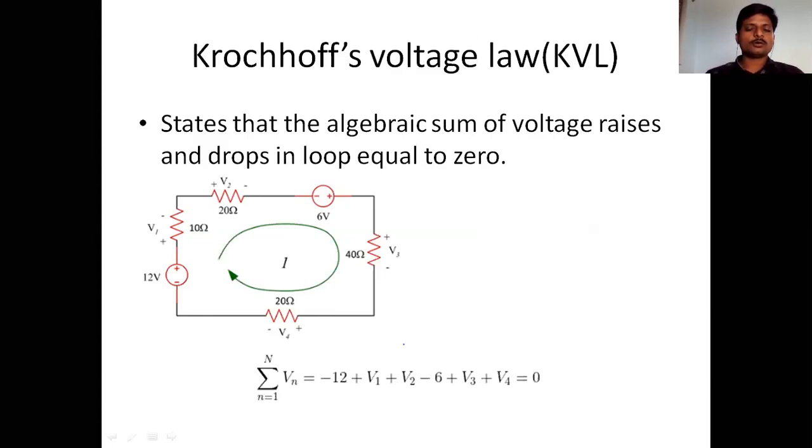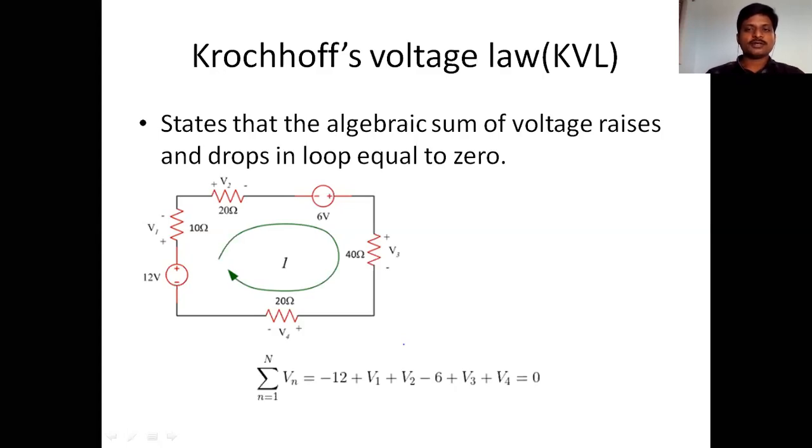Now let us talk about the other important law that you will encounter in electrical engineering, that is Kirchhoff's voltage law, simply called KVL. Kirchhoff's voltage law states that the algebraic sum of voltage rises and drops in a loop is equal to 0.